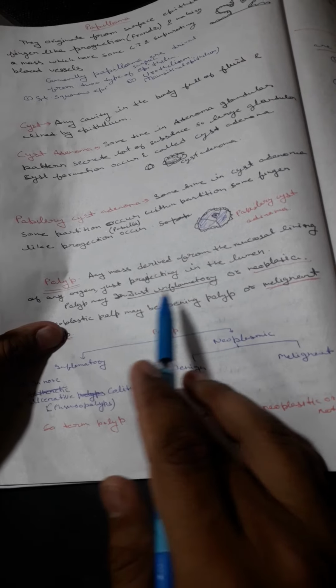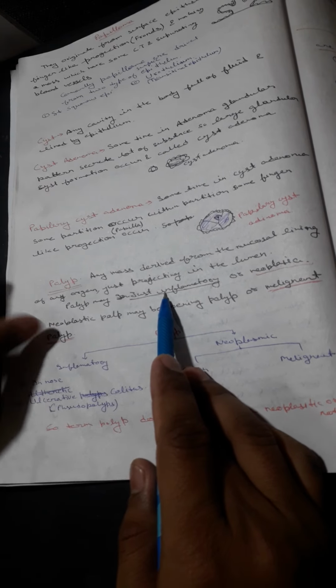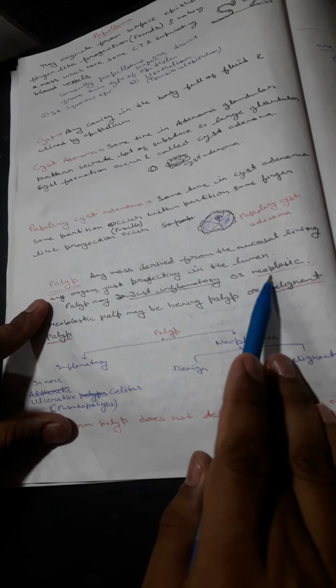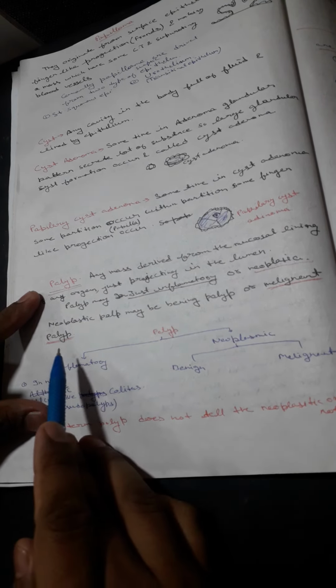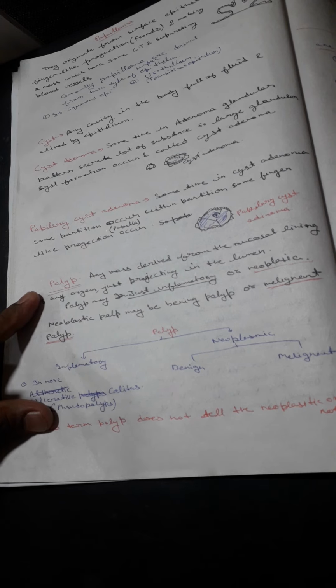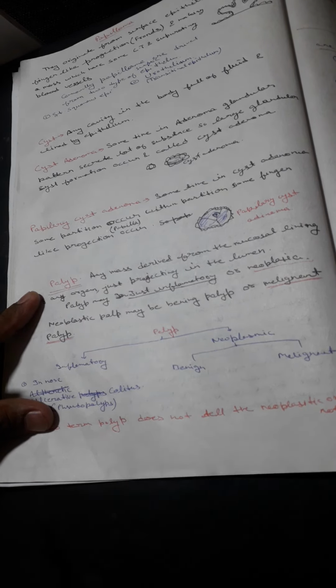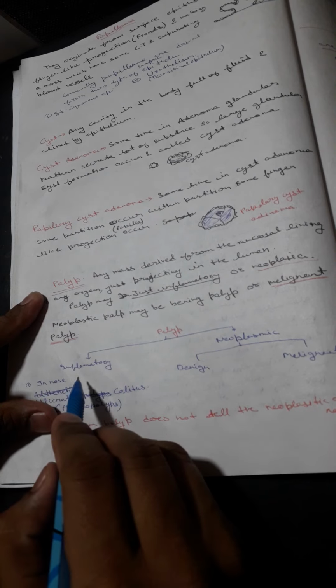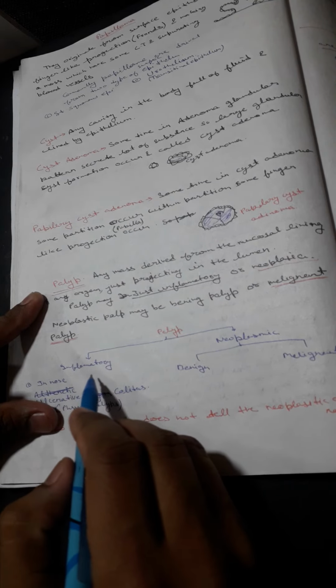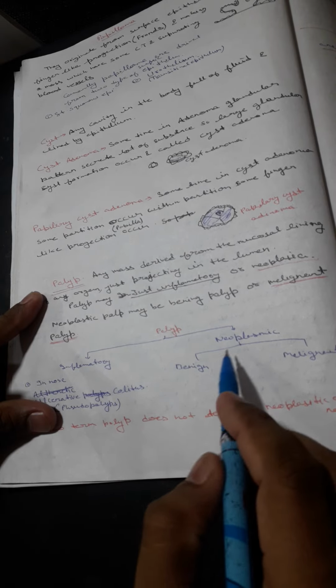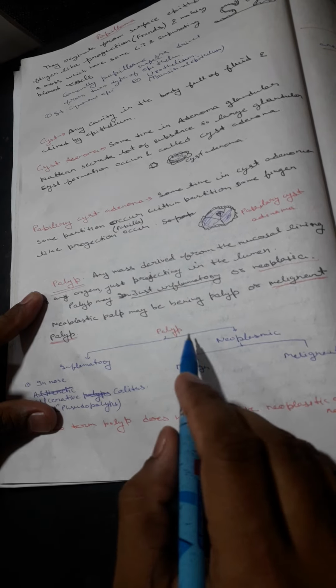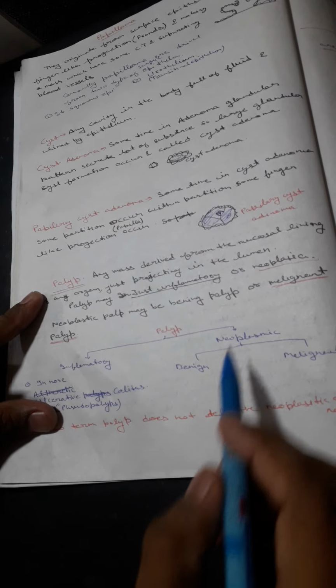And a polyp may be just inflammatory. It means a polyp can be inflammatory or neoplastic. So a neoplastic polyp may be benign or malignant. So this is the classification of polyp. A polyp can be inflammatory, with no relation of this inflammatory polyp to the neoplastic polyp, or a polyp may be neoplastic. It means a polyp can also develop a tumor.